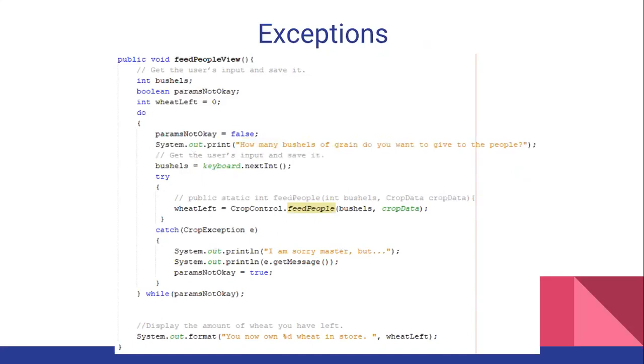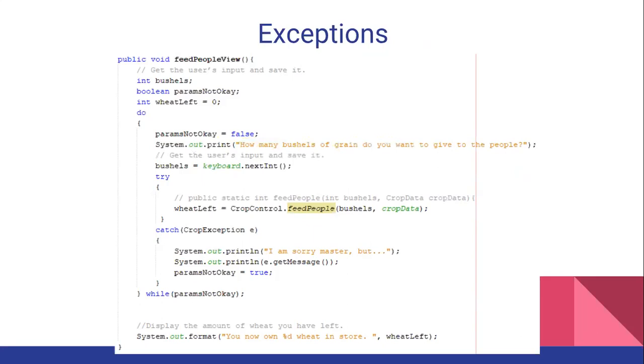In this case, we don't have a throws in this signature, so I have the other option, which is to put in a try catch. In the try catch, we try to execute the method, and if it doesn't succeed, or if it throws an exception, it goes to catch, I mean, it catches the crop exception in this case.